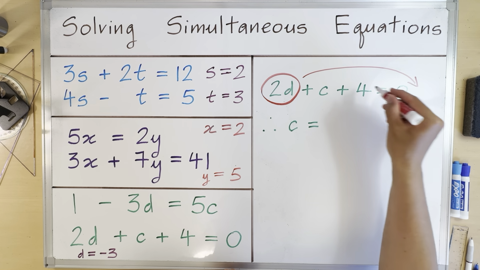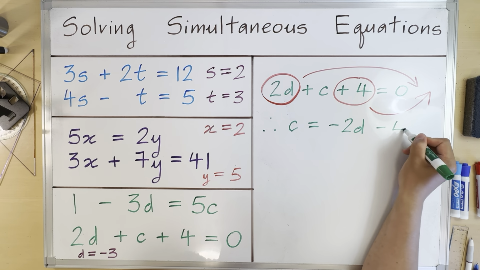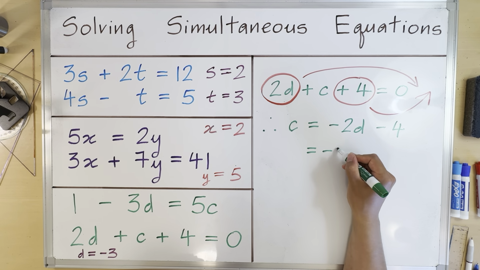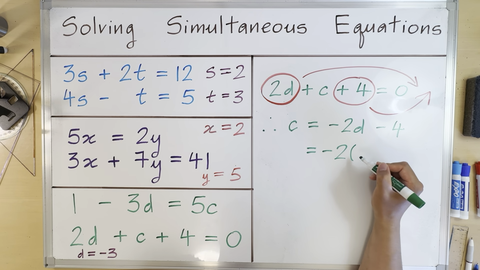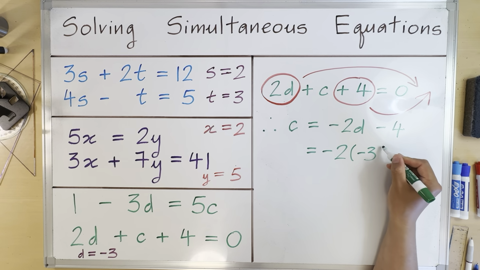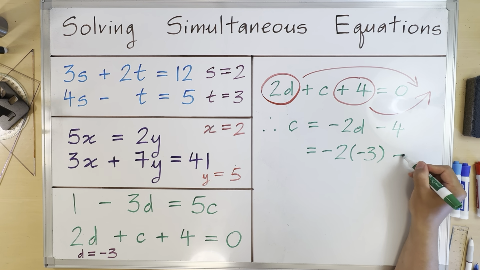So therefore, c is equal to negative 2d minus 4, which is equal to negative 2 times negative 3 minus 4.